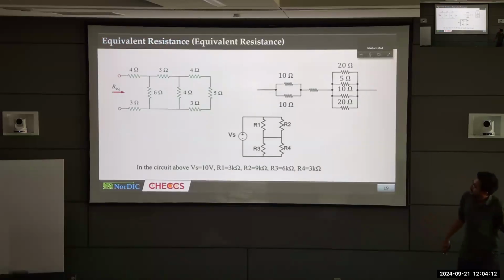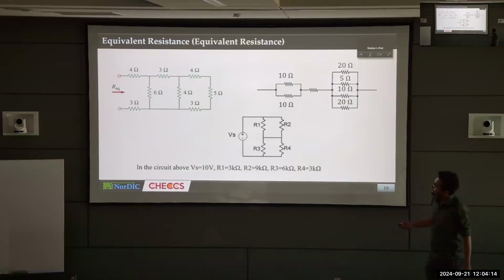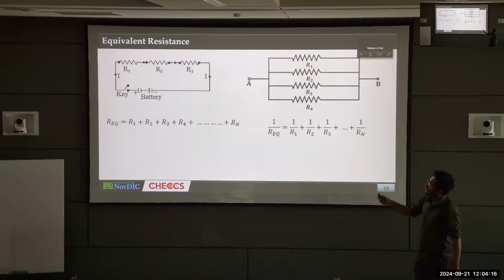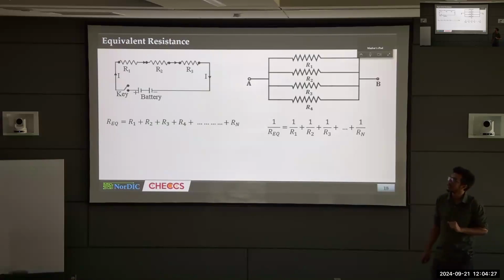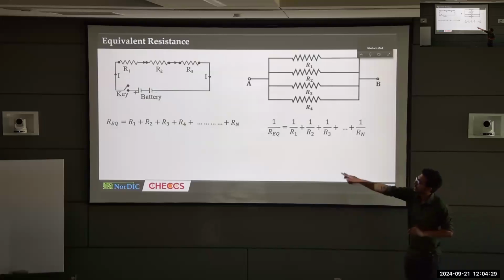So what is equivalent resistance? Equivalent resistance is something you need to calculate the overall circuit parameters and behaviors. For example, in the left circuit, you see that the resistances are connected in series.